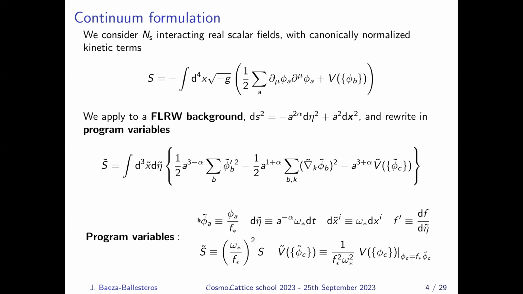So what we do is we use two different scales, one typically related to a typical field amplitude, this f star, and then omega star, that is related to a typical frequency of the model.